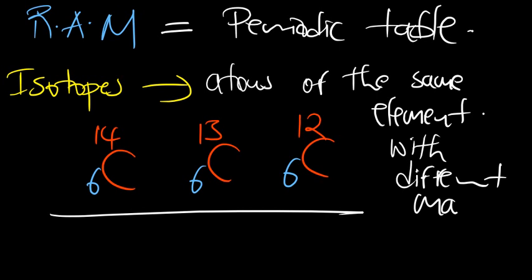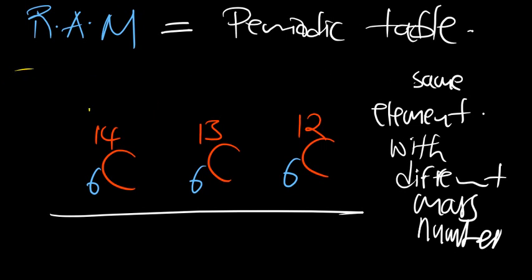If you want, you can add the part about the same atomic number, but it's obvious, since the atomic number determines the kind of element you're dealing with. So isotopes are atoms of the same element with different mass numbers.